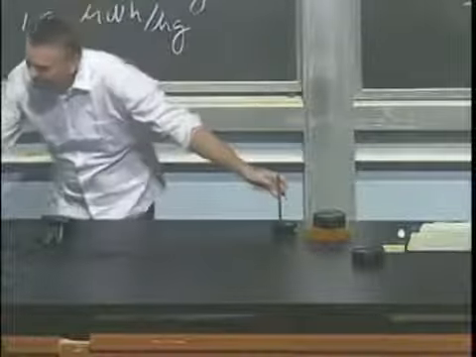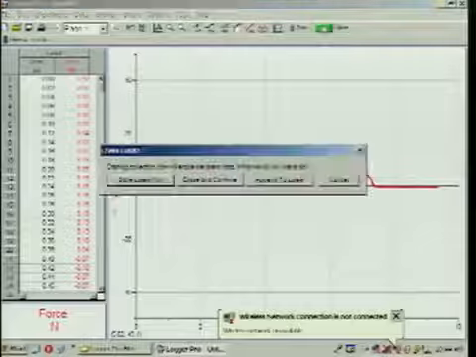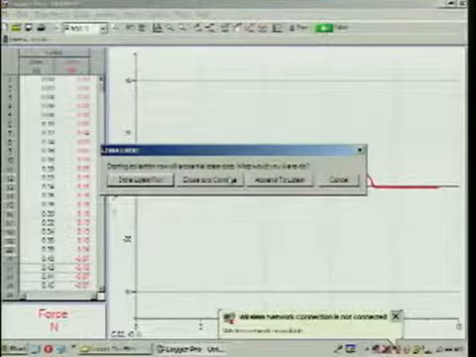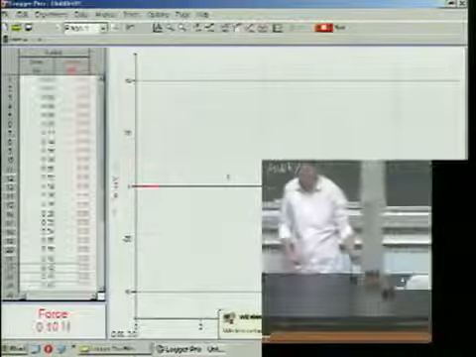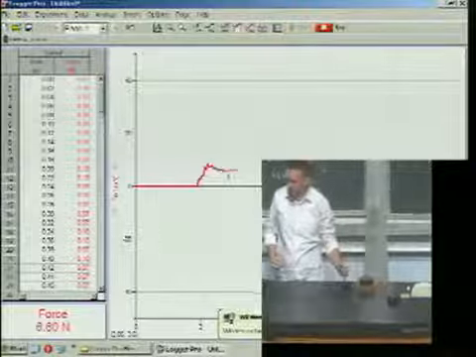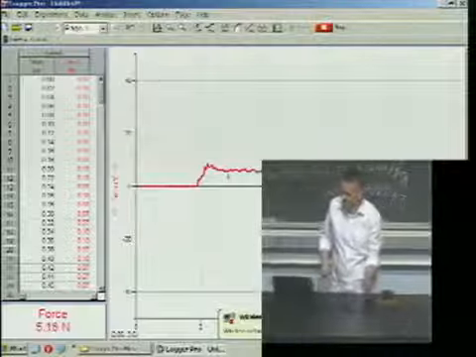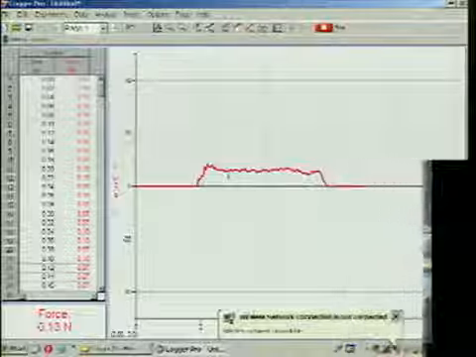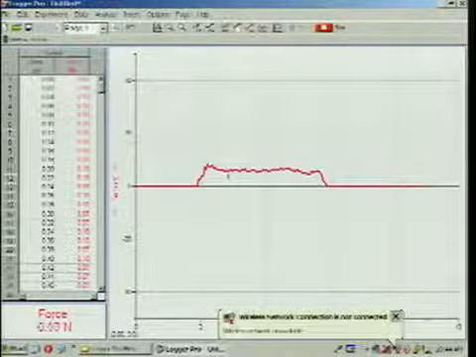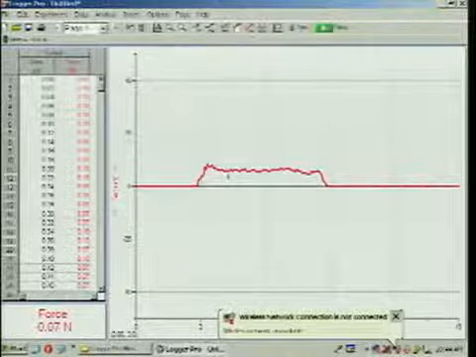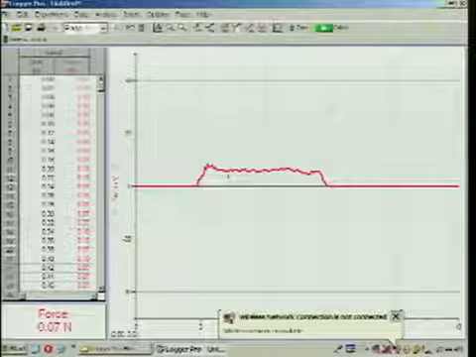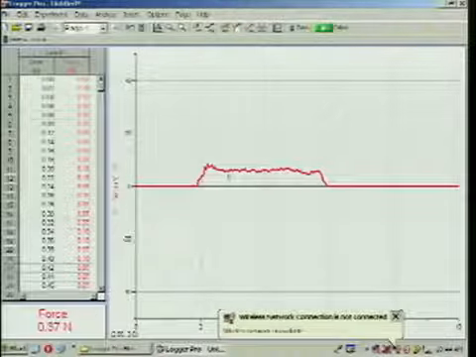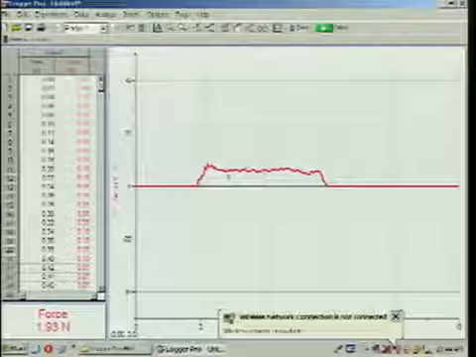Okay, so let me start this. I'm going to start pulling on this. What you can see if you look very carefully, this isn't a great example. Let me do it once more with more mass on it. I think it'll be more obvious.